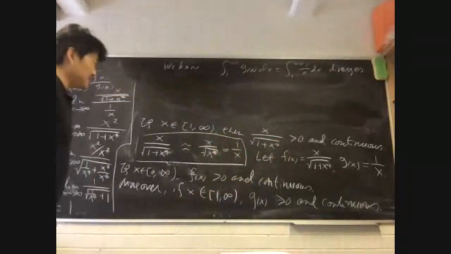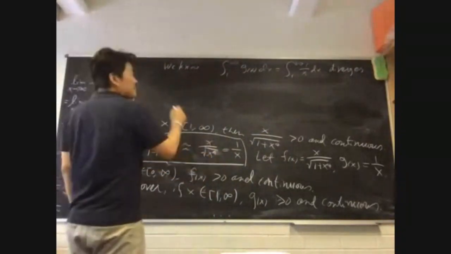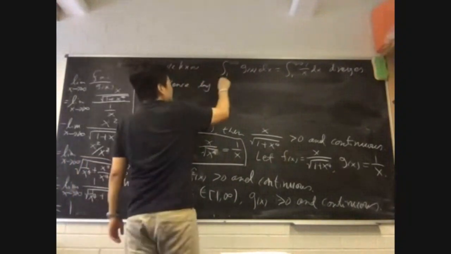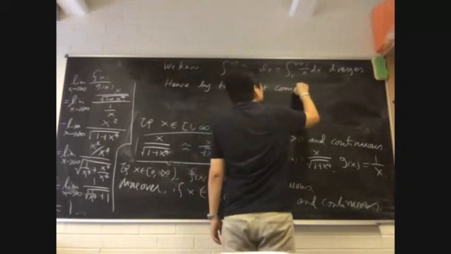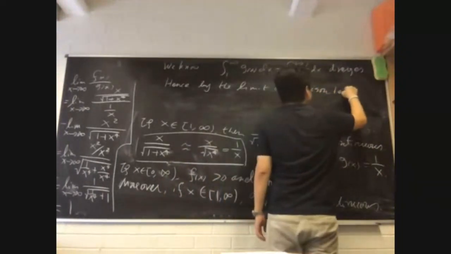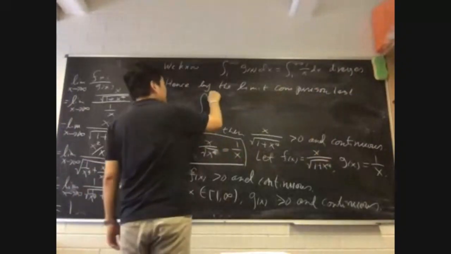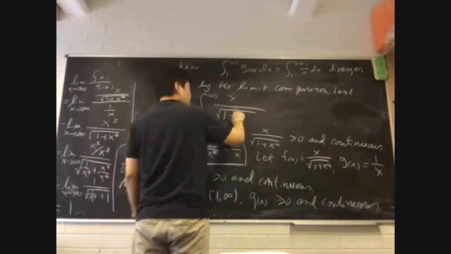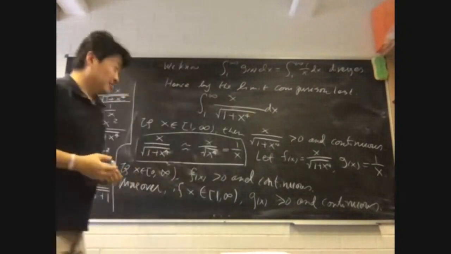If you stick in infinity, you get infinity, so that's divergent. So yes, by the limit comparison test, the integral from 1 to infinity of x over the square root of 1 plus x to the 4th dx also diverges.